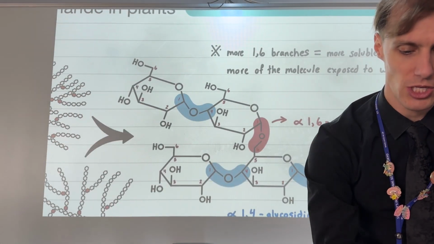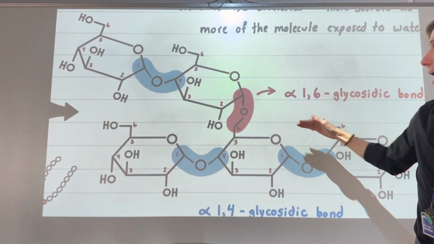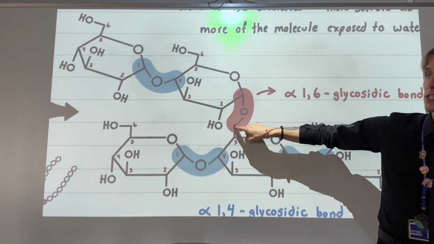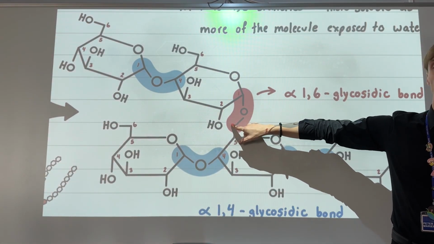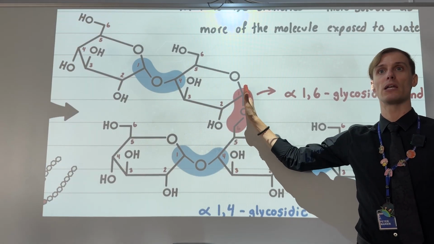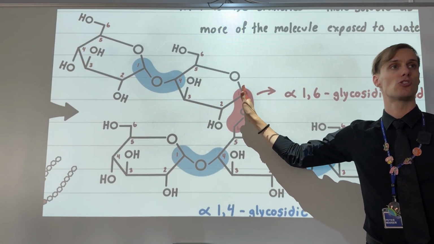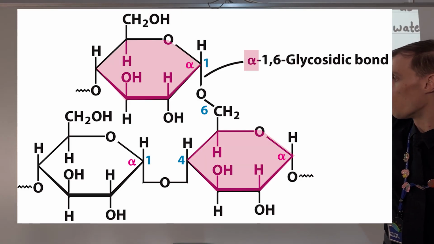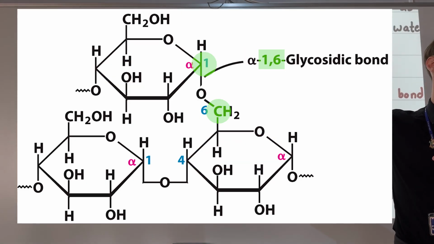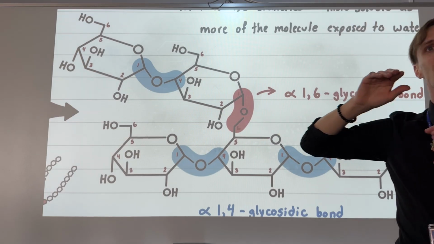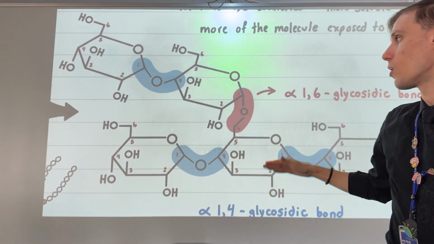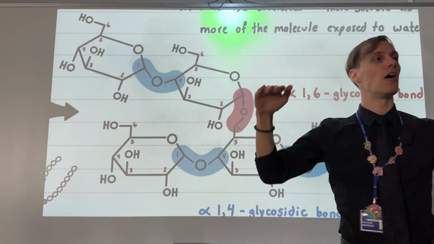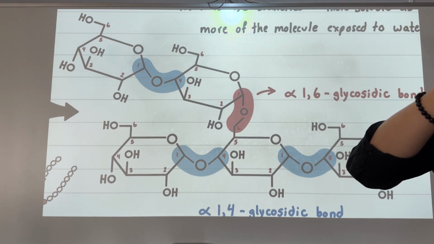So how is that actually happening? Well, if we look back here, the 6th carbon can also bind to the 1st carbon of another glucose. So unsurprisingly, we can name this alpha 1,6 glycosidic bonds. So any alpha 1,6 bonds are the ones coming off of that main chain, if that makes sense.